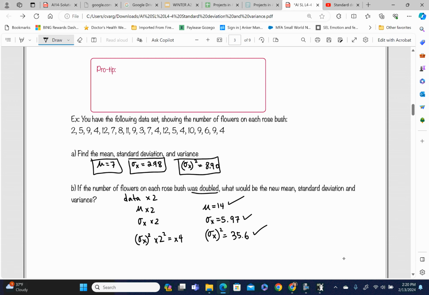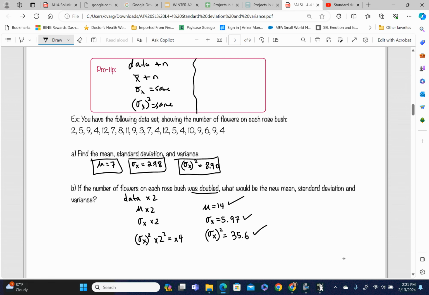Okay, so what did we just learn, right? If we have a set of data and we are adding a number to it, what that means is the mean also gets added the same number. The standard deviation and the variance stay the same. This is our pro tip. This is what we just learned today. That's if we're adding or subtracting, adding a negative.